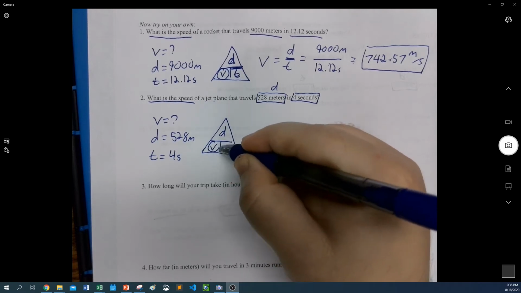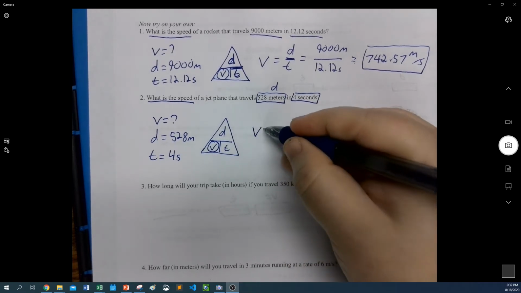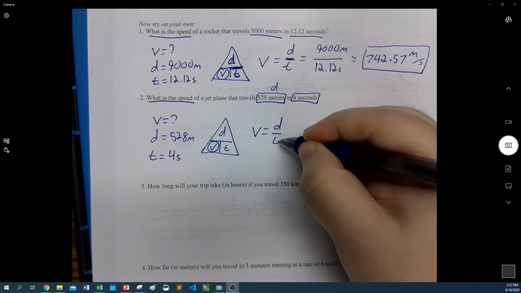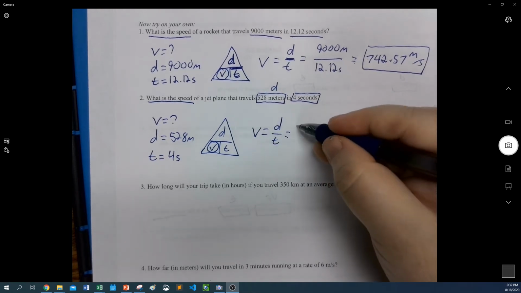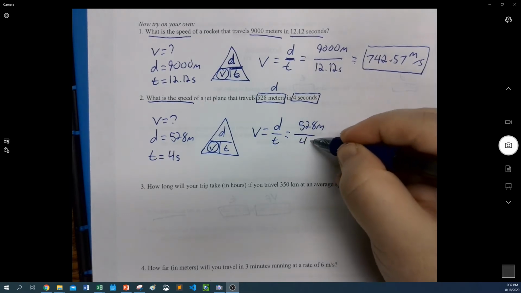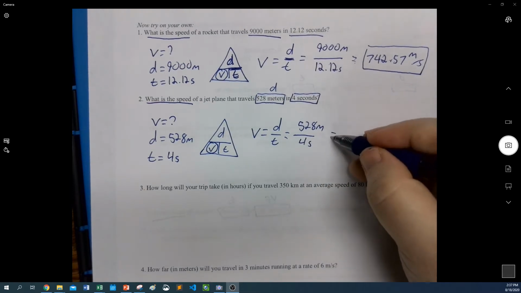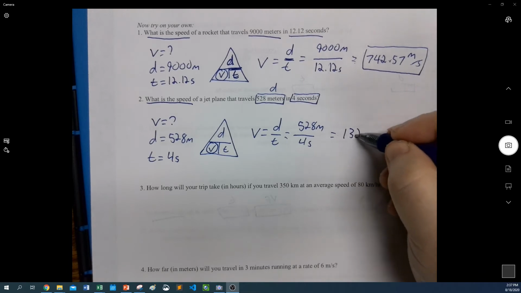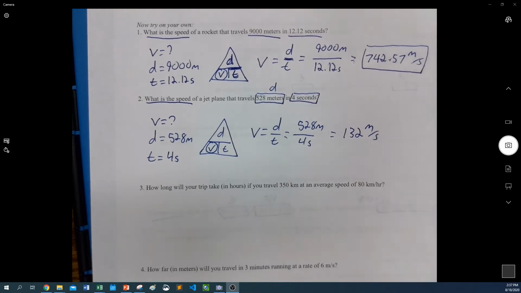So we're solving our speed. So we do speed is equal to distance over time. Plugging in our numbers. And that'll be 132 meters per second.